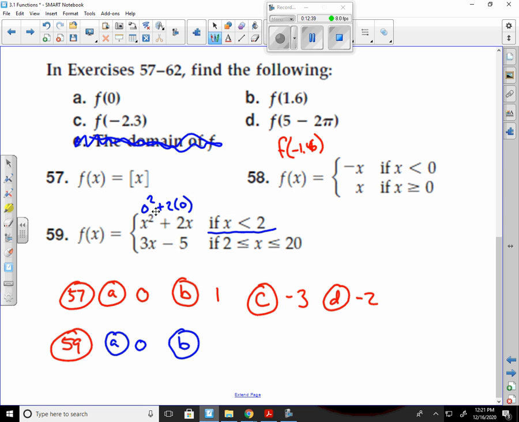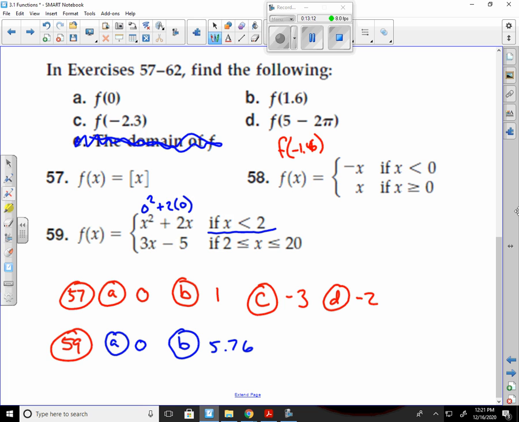So you just plug it in. 1.6 squared plus 2 times 1.6. And that gives you 5.76. So those ones aren't too bad.